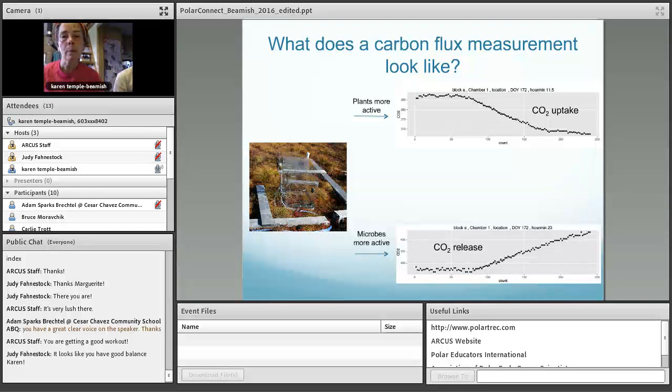In the upper graph, you can see that as the plants are more active, the CO2 is taken up by the plants, and so it starts to drop within the chamber. In the lower graph, you can see as the microbes are more active, the amount of CO2 begins to increase over time. Next slide, please.